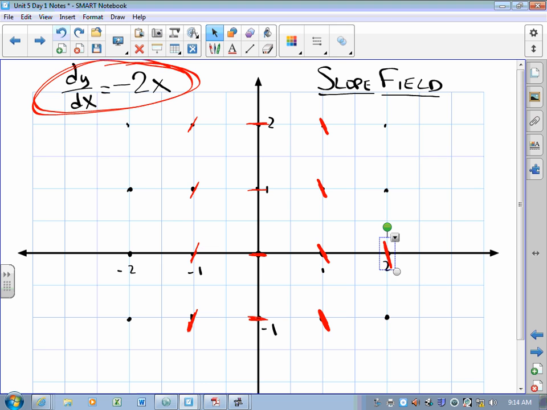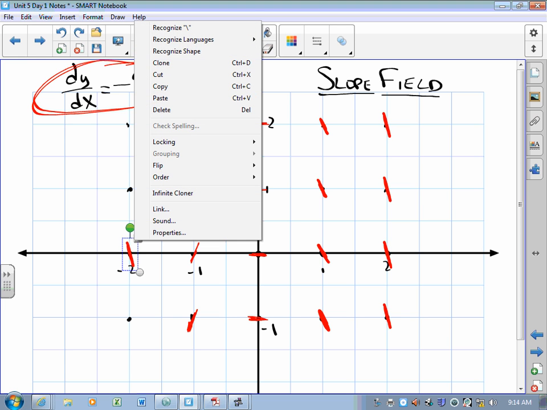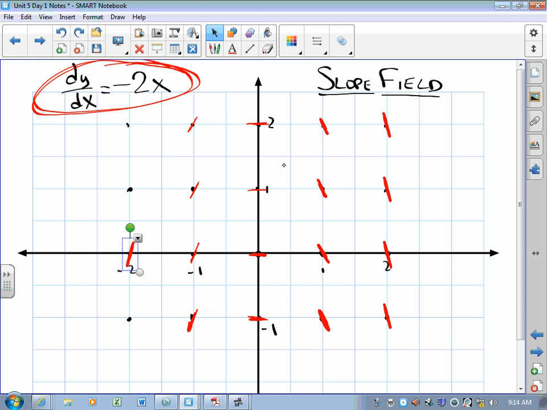And then because I can, it's got a slope of -4 everywhere x equals 2. And similarly, we're going to flip that around, because the slope when x is -2 is +4.